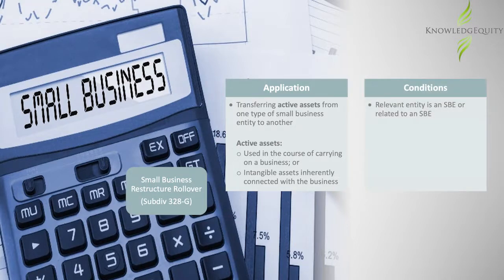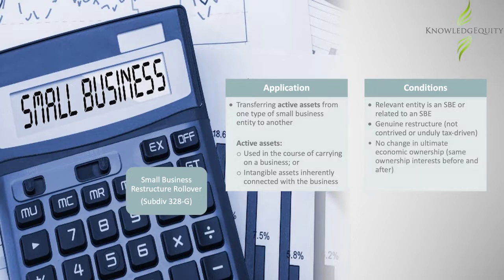Specifically, the first condition for this rollover is that the relevant entity is an SBE or related to an SBE. Secondly, the restructure must be a genuine one, not one that is contrived or unduly tax-driven. Lastly, there must be no change in the ultimate economic ownership, which means that the ownership interests before and after the transfer should remain the same.